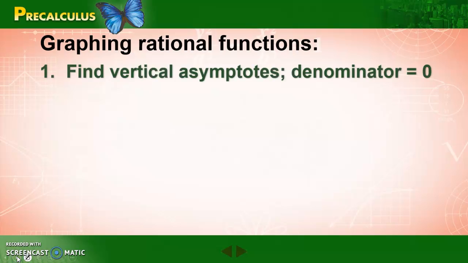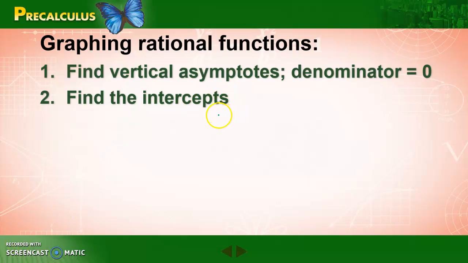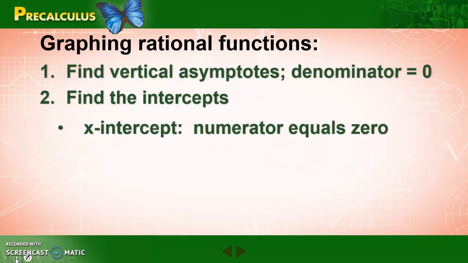So our steps for graphing rational functions. Here we go as a review. First, find vertical asymptotes by setting the denominator equal to 0. Then, finding the intercepts. To find the x-intercept, we set our numerator equal to 0. And to find our y-intercept, we change all of our x's to 0.